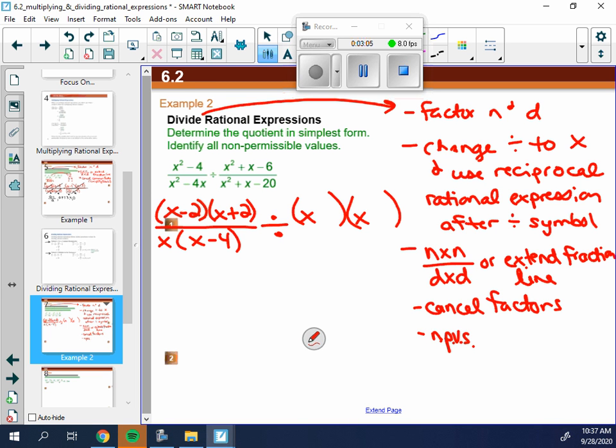Good. Plus 3, so you need more positives, minus 2. Okay, denominator. What are those factors? x what and x what? 4 and 5, which one's positive? So we want more positives. Plus 5, good. Oops, and then minus 4.